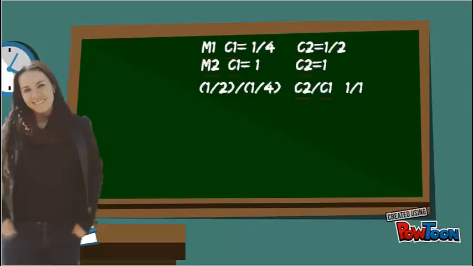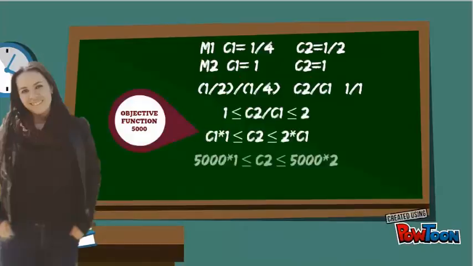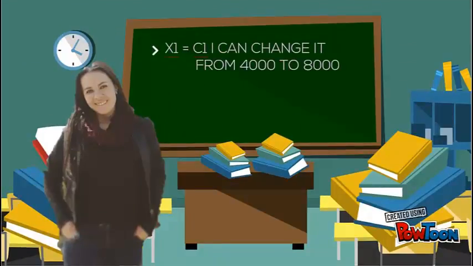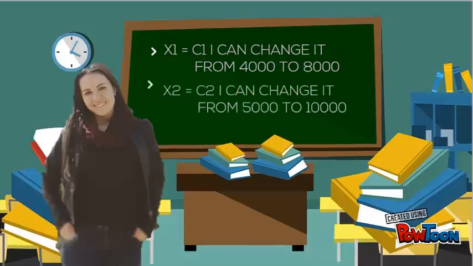Here, locate, then if necessary, clear the denominator. The value of C1 we find in the objective function is equal to 4,000. This means that X1 can vary from 4,000 to 8,000, and X2 can vary from 5,000 to 10,000.